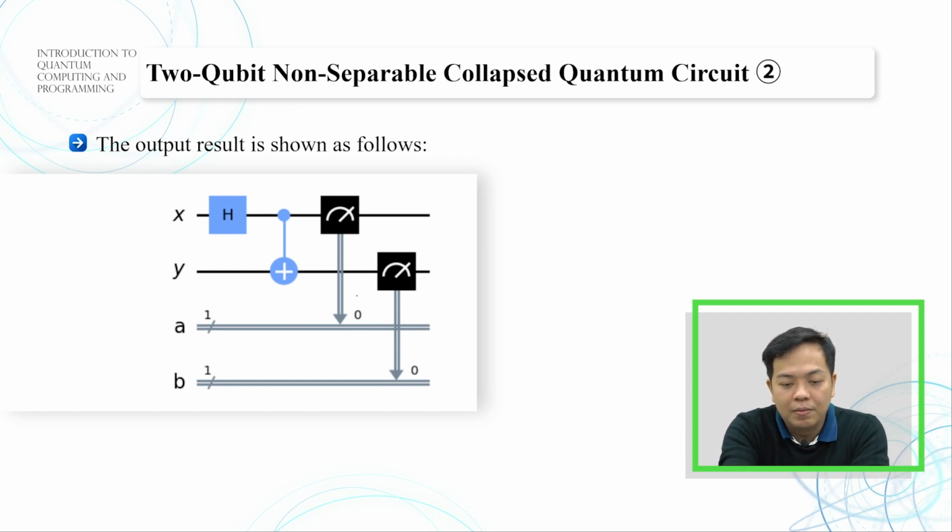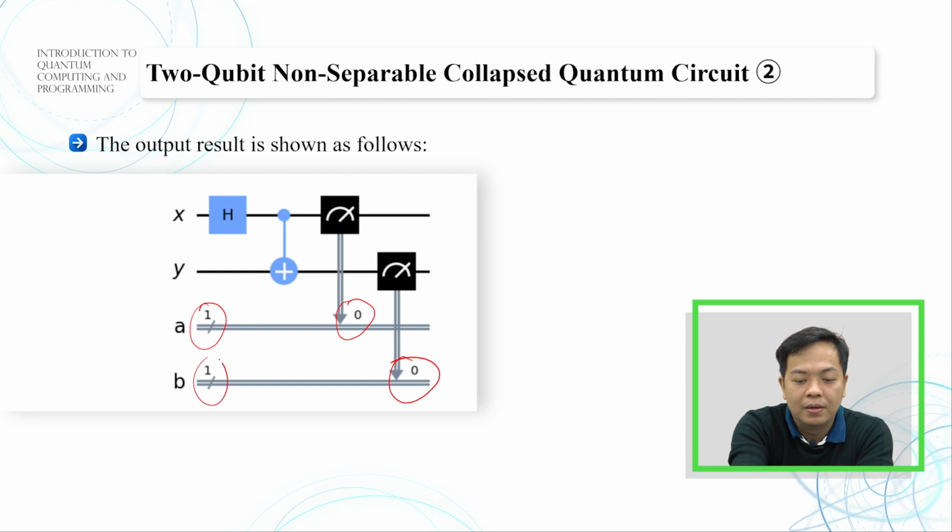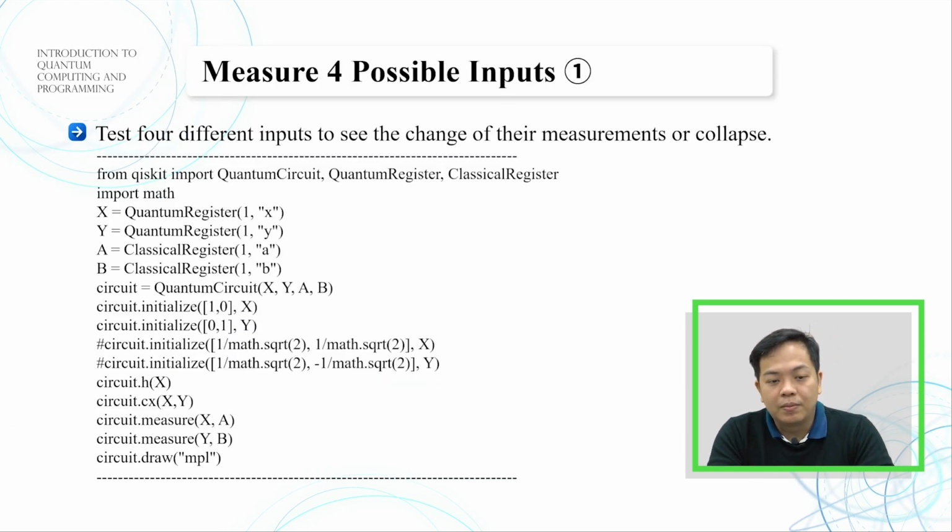Over here the result is 0 0, and we have 1 1. Now we can test 7 cases, and see how the result looks if we use a non-separable quantum circuit.